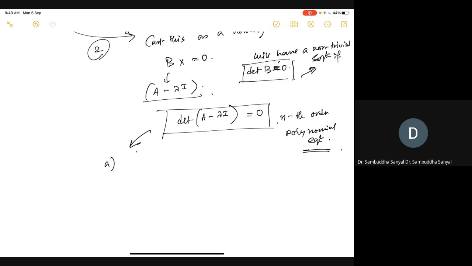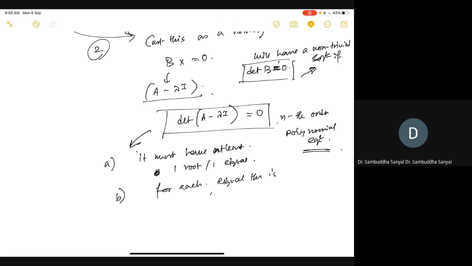First of all, it must have at least one root or one eigenvalue. Second, for each eigenvalue there is at least one distinct eigenvector, so that you can show.